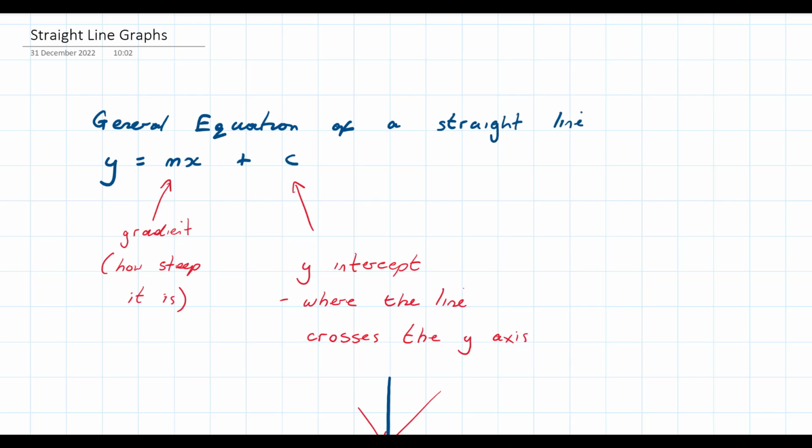So you would have a number where the m is, and a number where the c is. For example, y equals 2x plus 1 would be a particular line on a graph which has a gradient 2 and a y-intercept of 1.